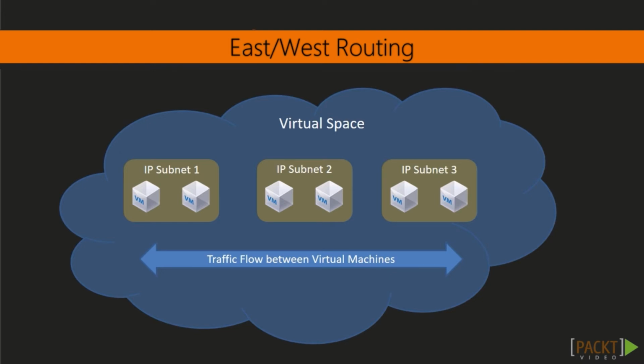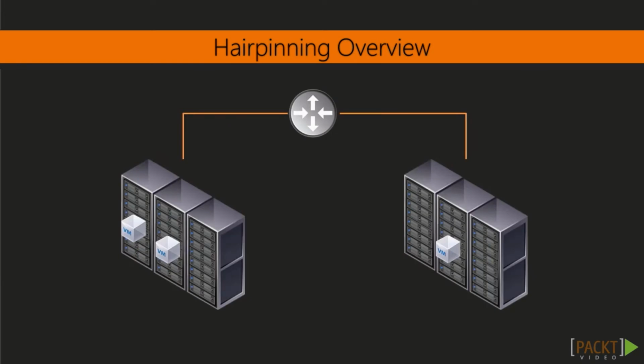If we talk about the virtual space, we have something we call hairpinning. So let's do a brief overview. We have two racks or ESXis with different virtual machines, and we have a physical router. And these virtual machines are sitting in different IP subnets.